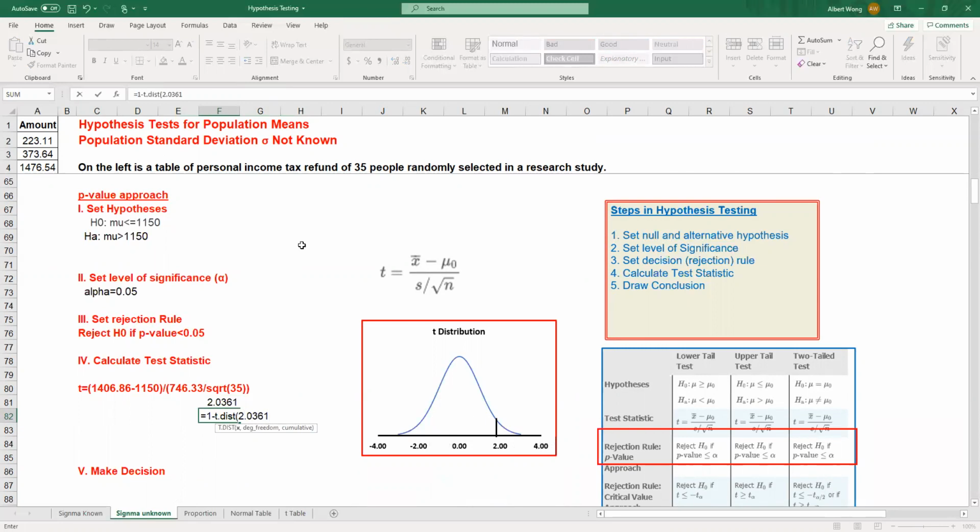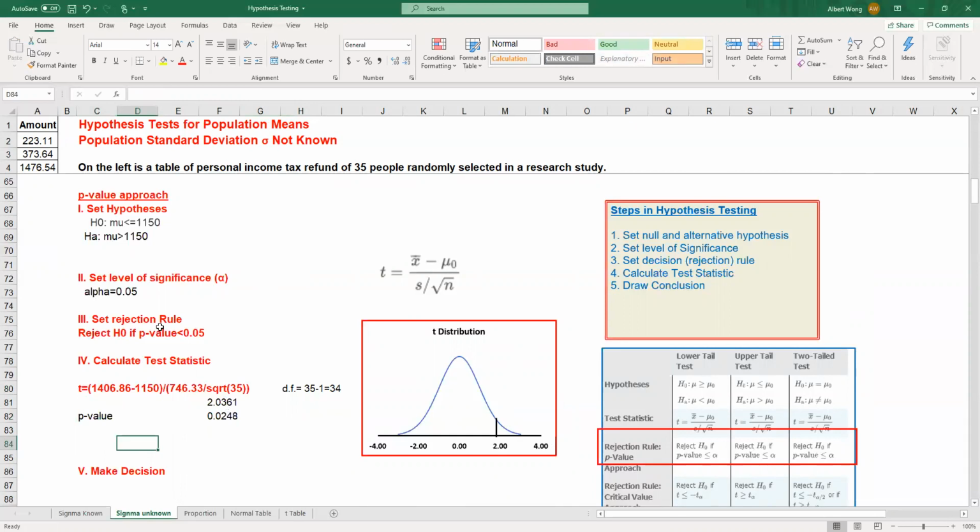2.0361, and we calculate the degree of freedom. The degree of freedom is 34, and then 2. I should always write down the degree of freedom. The degree of freedom is equal to 35 minus 1, which is equal to 34. So this is the p-value. And so again, we can make a decision: if the p-value is less than 0.05, yes, so we would reject.